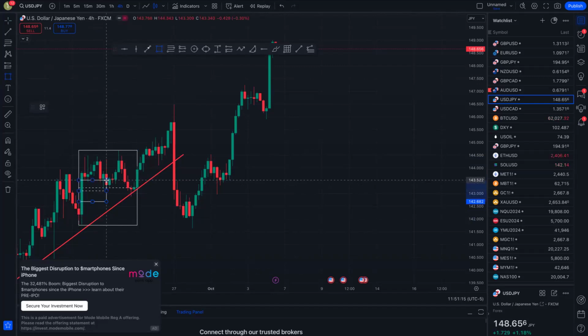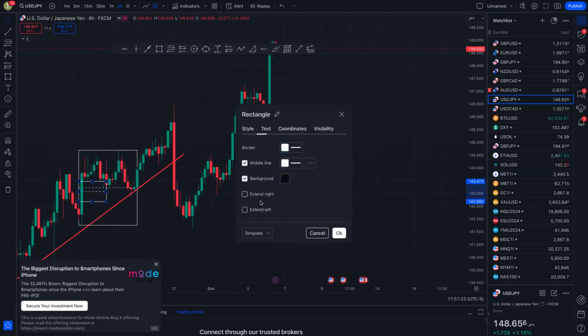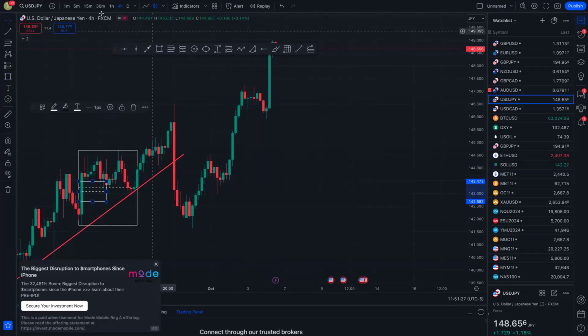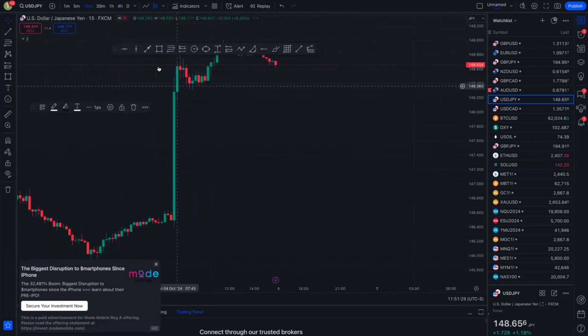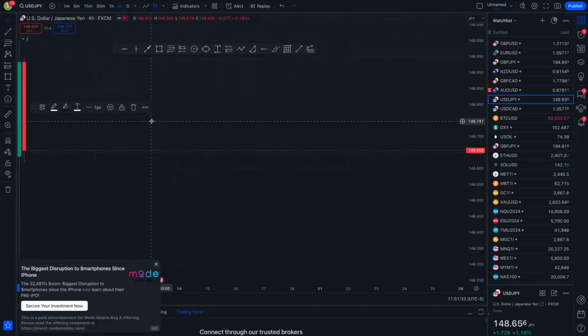So imbalance right here. This is an imbalance. If you don't know what that is, that's completely fine. And then find a target, right? So this is your target.